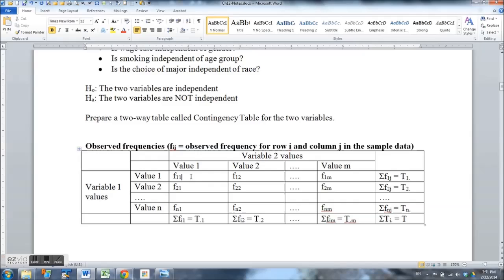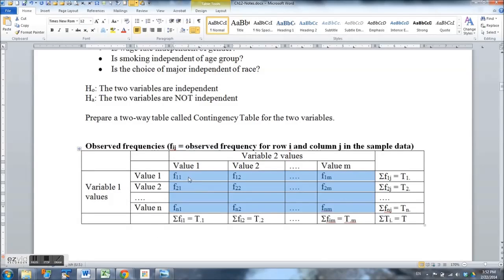Then you look at how many observations from the sample fall into each of those categories. So value 1 for variable 1, value 2 for variable 2, and so on. Here there are n possible values for variable 1 and m possible values for variable 2. So you look at the sample and arrange them in this fashion.